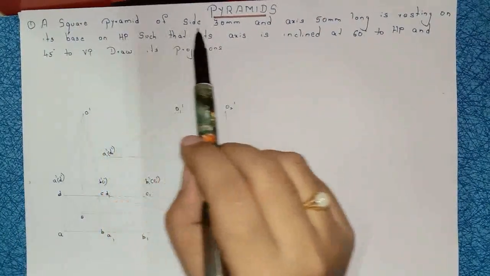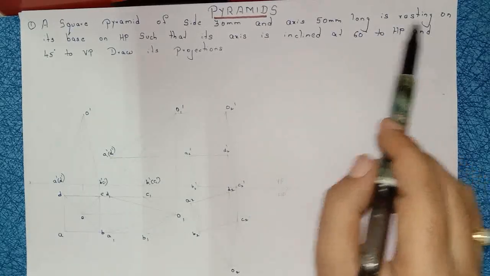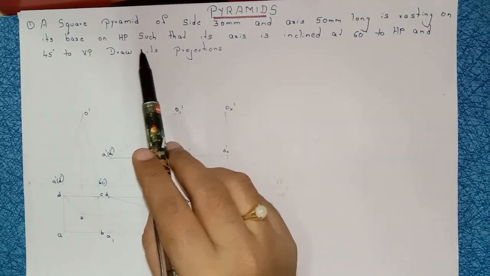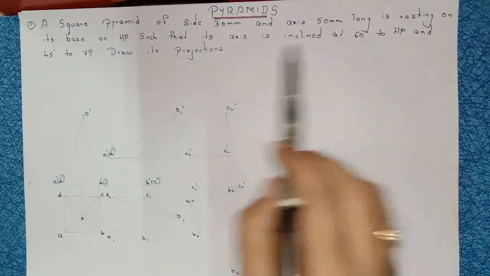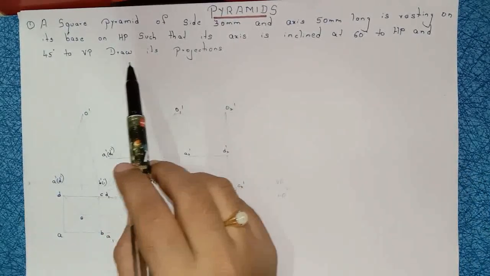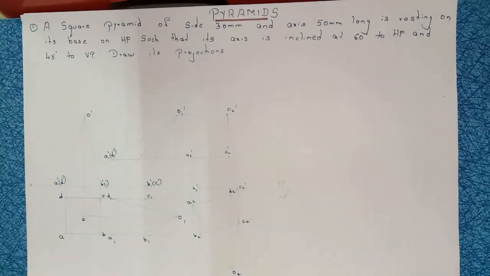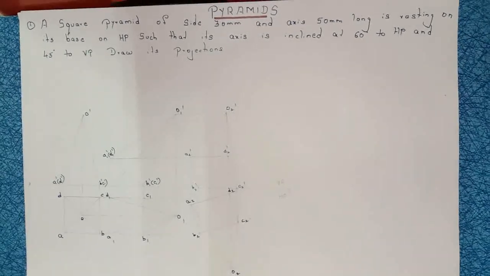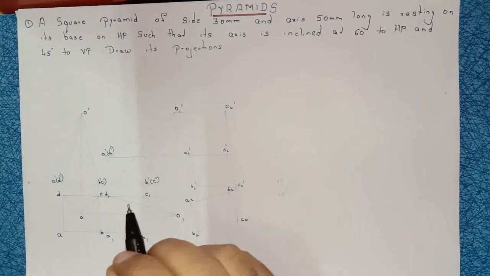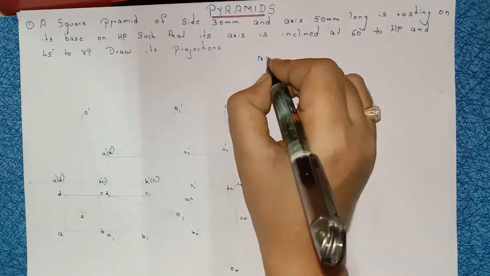A square pyramid of side 30 mm and axis 50 mm long is resting on its base on HP such that its axis is inclined at 60 degrees to HP and 45 degrees to VP. Draw its projections. What I am telling from the first lecture: after reading the question, first write down 4 points.